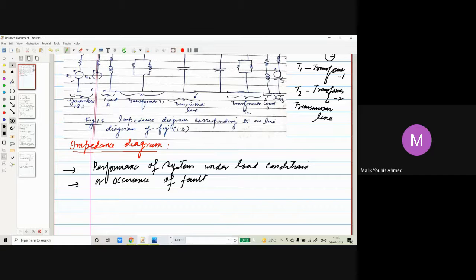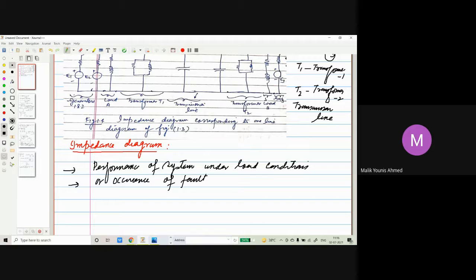That means that will be drawn on the per phase basis of the system. Okay, then all those single phase circuits can be combined together, equivalent circuits combined, which will show the various components as we have shown in the figure.